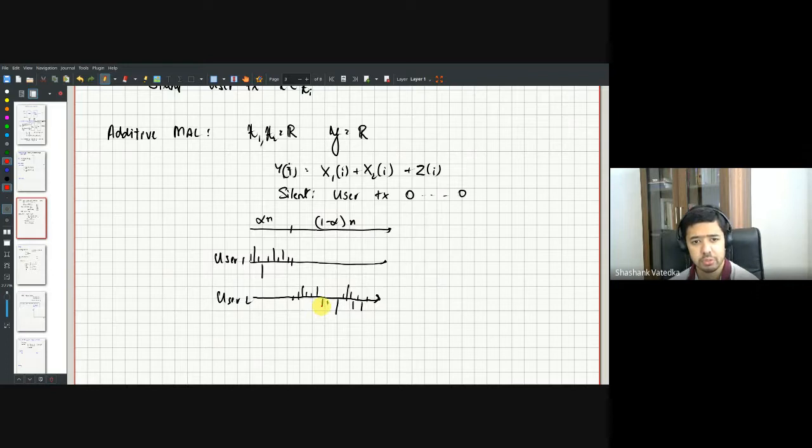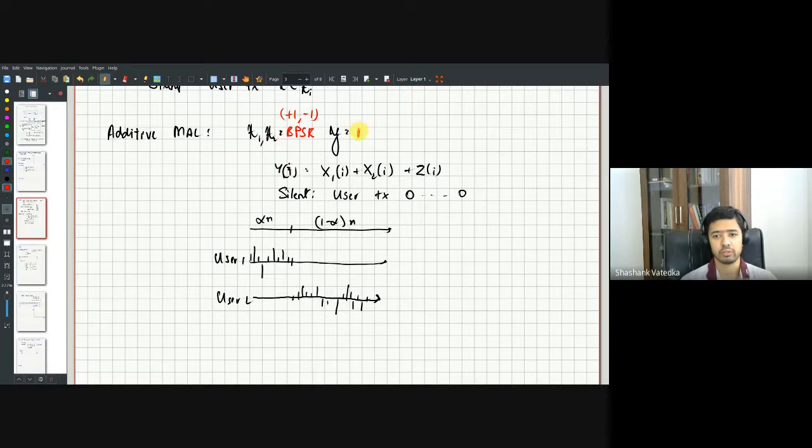But note that it doesn't have to be the case. When a particular user is silent, it doesn't necessarily have to transmit all zeros. It really depends on the problem and what the constraints are. Suppose that instead of being real alphabets, x1 and x2 are supposed to be BPSK, so it always has to be either +1 or -1, say.